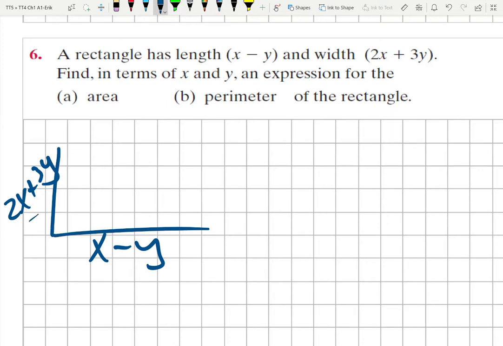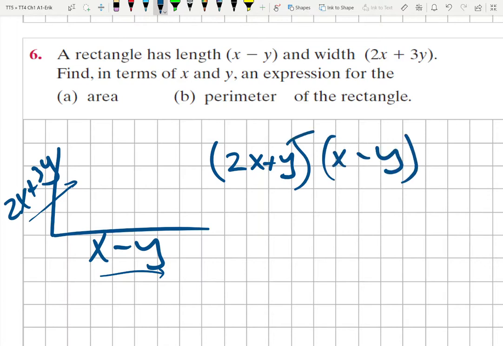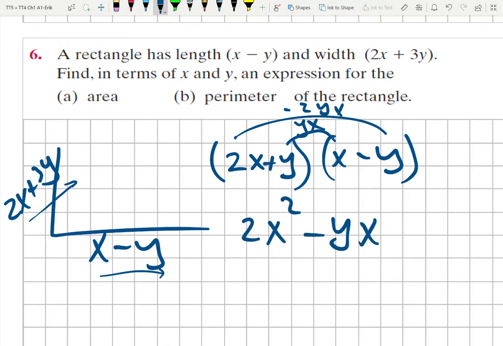Now, these are similar binomials, so they will take very well to the rainbow type of expansion because there will be grouping because of the similarity. So in other words, that and that will be similar. The ends won't. So we have a 3xy and we have a minus 2yx. So now all together we have 2x squared plus yx because of the grouping here, and then a minus 3y squared. So that's your area.